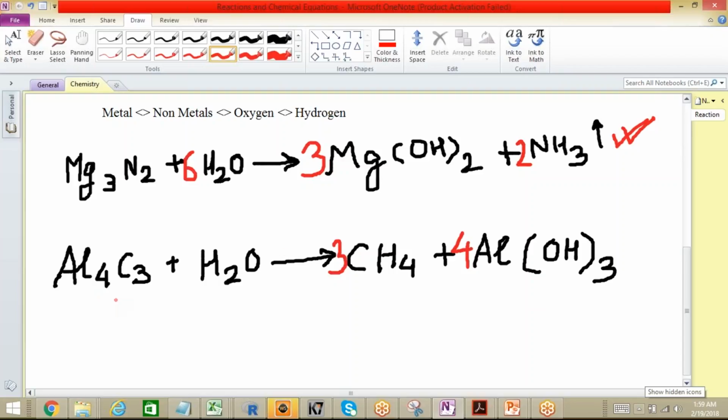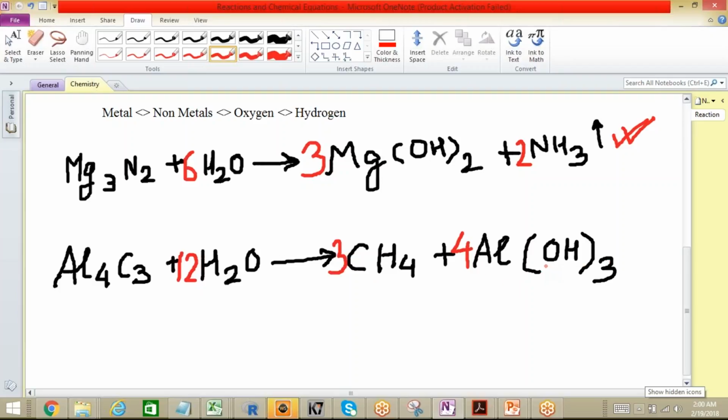We have three carbon atoms, and we have three carbon atoms here also. Now let's talk about oxygen. So here we have 12 atoms of oxygen, and here we have only one atom of oxygen. So let's make it 12 here. Okay. Now your oxygen is also balanced, 12 atoms of oxygen and 12 atoms of oxygen here as well.